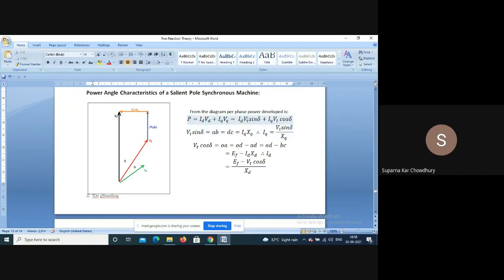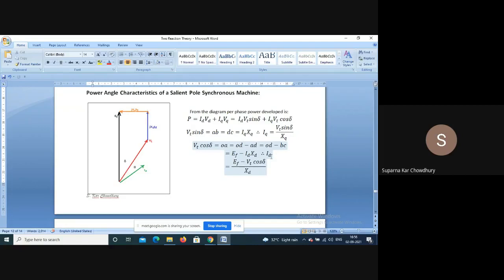So Id into Vt sine of delta plus Iq into Vt cos of delta. Now Vt sine of delta is equal to IqXq.